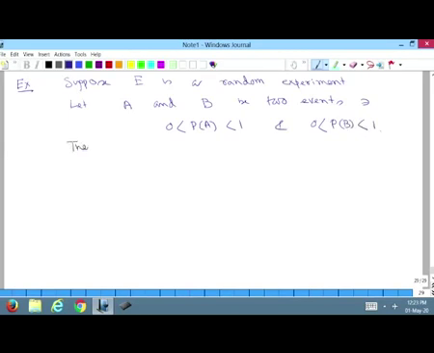Then which of the following statements are true?